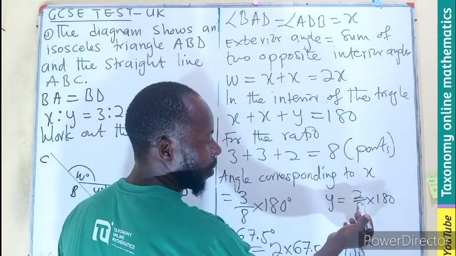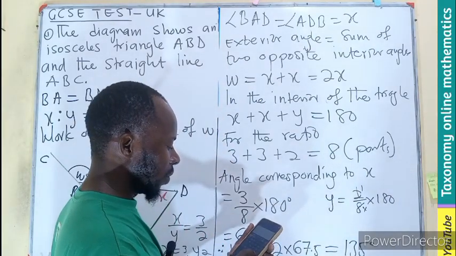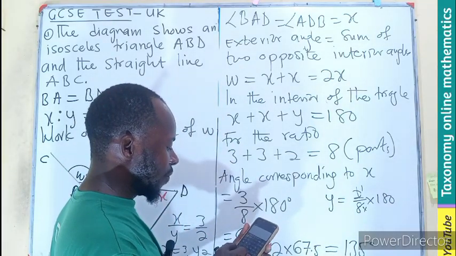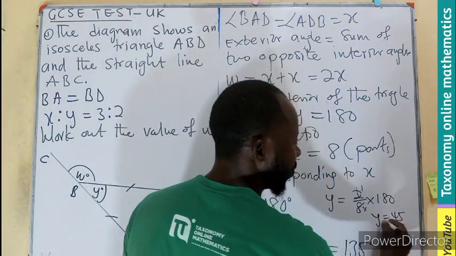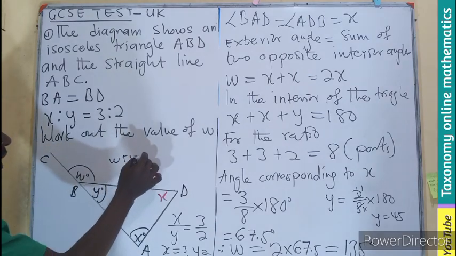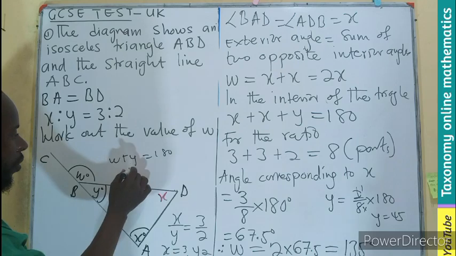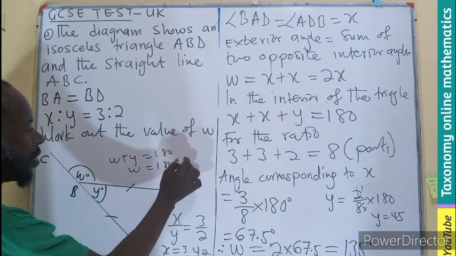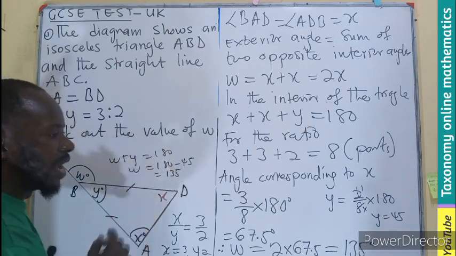You know, this is going to be 4, so 180 divided by 4 will give you 45. Meaning y is going to be 45. If y is 45, W plus y is 180, angles on a straight line. Therefore, W will be 180 minus 45, 135 degrees. You get the same answer.